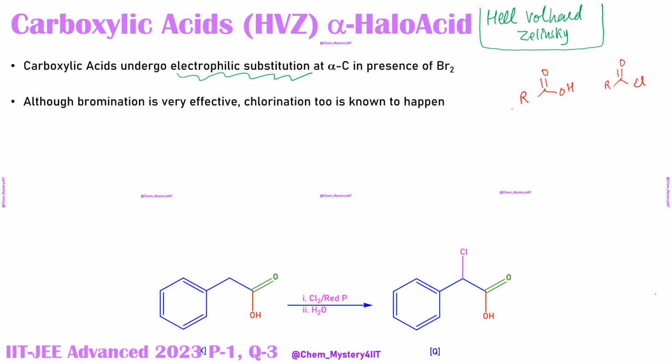If you keep chlorine here, the sizes of oxygen and chlorine are much more different. Here the resonance of the chlorine lone pair is not very effective. That is going to give you poor resonance. Over here oxygen's resonance was very good, so this was not creating any problem.